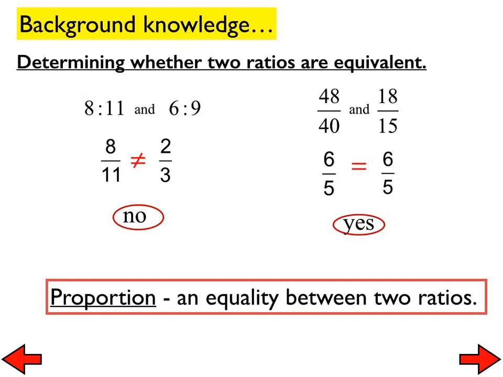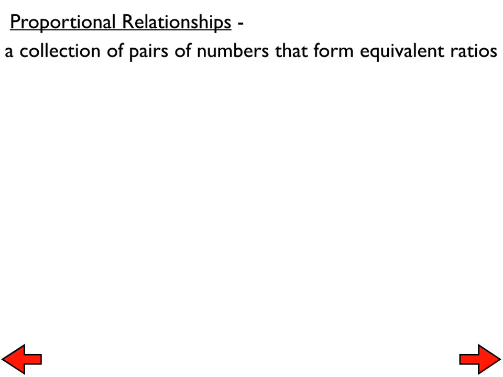All right, back to the defining of proportional relationship. Proportional relationships are a collection of pairs of numbers that form equivalent ratios. So we have talked about 2 pairs of numbers and determined, but what if we have more than 2 pairs? And that's what today's focus is.